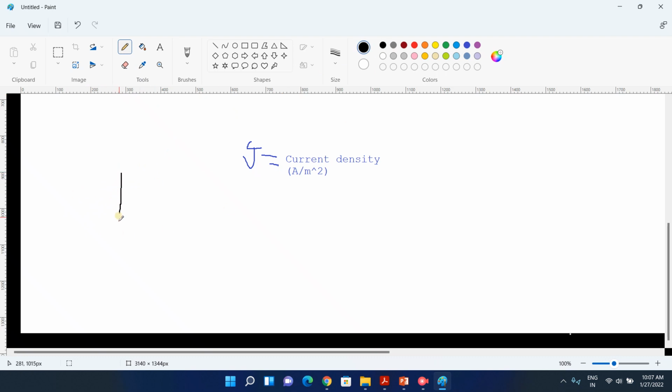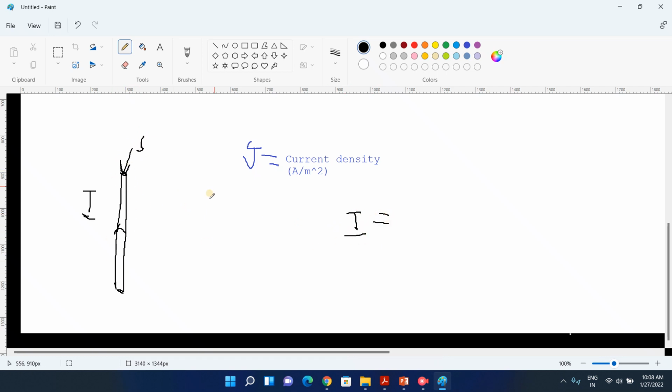Now, if you have a conductor and the current flowing through the conductor is I, the conductor is obviously not a thin line. It is a cylindrical shaped conductor, so it has some surface area.